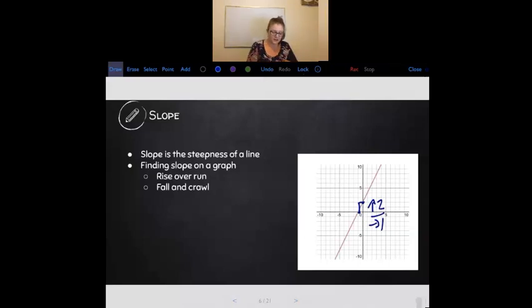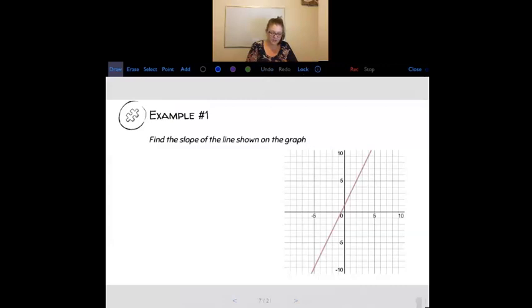Okay. So find the slope of the line shown on the graph. What I'm going to do is emphasize a couple of points here. Okay, these would be given to you. So when you're asked to find the slope, we find out how far up we have to go to get to the next point and how far over we have to go. I would just recommend counting 1, 2, 3, 4.